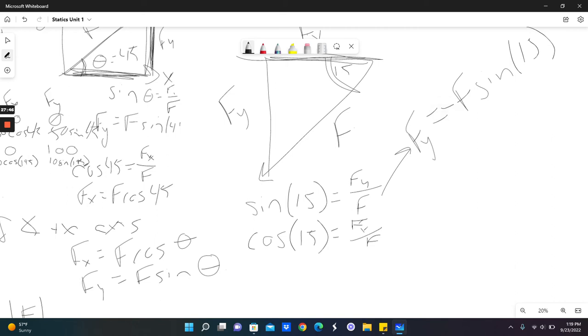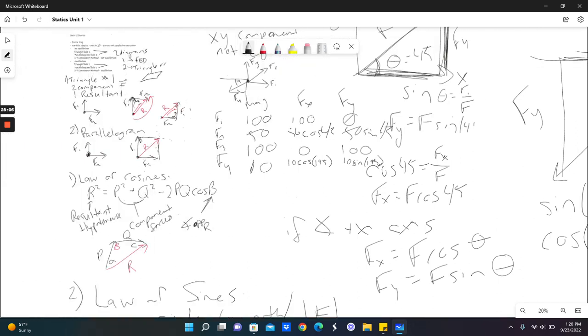So this is going to have to be negative. And then this one, Fx, equals F cosine 15. You're also going to have to manually add a negative to this one just to account for the fact that we're in that quadrant, right?